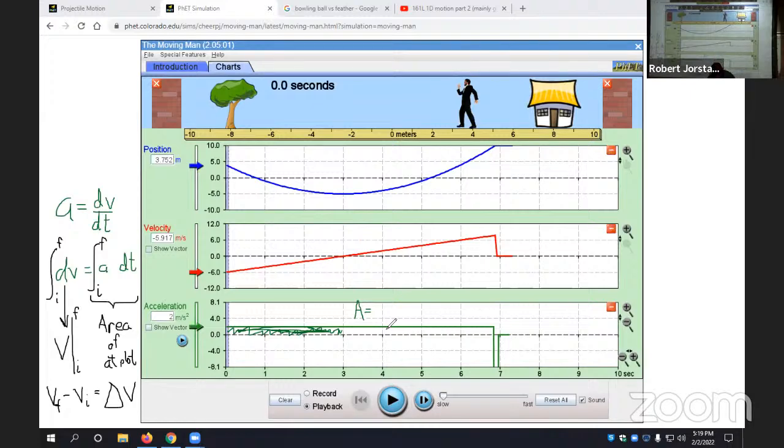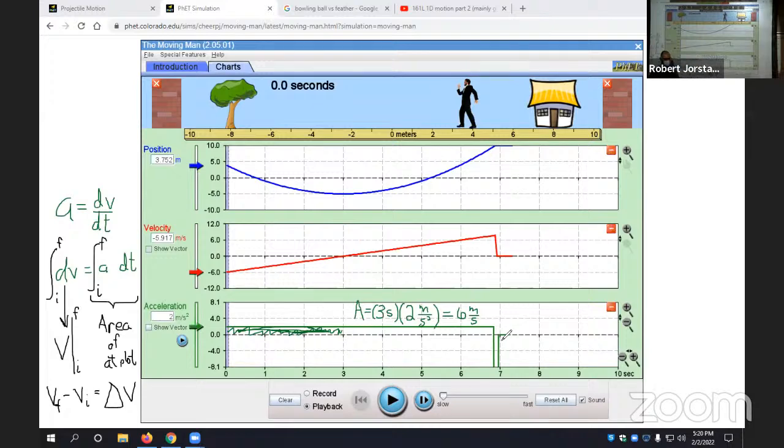What's the length? It's not 3, but 3 seconds. What's the height? It was 2. Yeah. What do you get? 6 what? Meters per second. Does everybody agree with that?